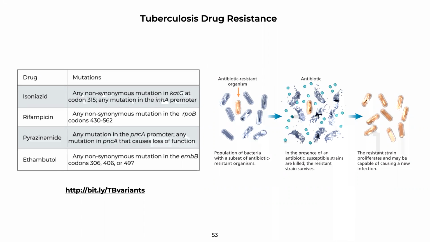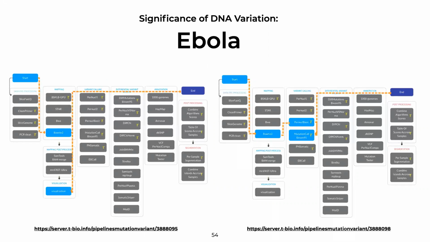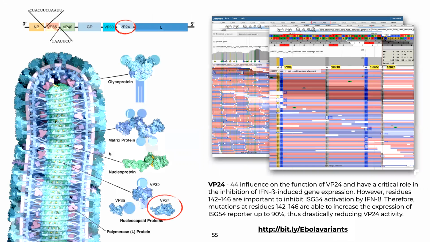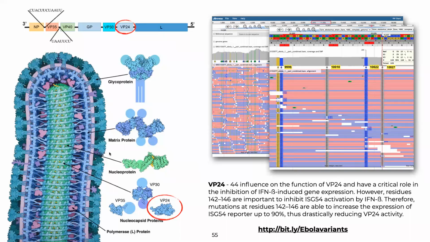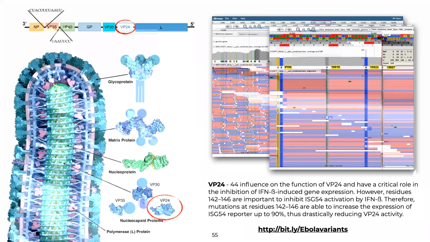Here you can also see some genes and some mutations in codons that are responsible for this accumulation, and a study of the Ebola virus. In the Ebola virus, again, we can look at accumulation of mutations, and that accumulation of mutations has led to an important vaccine that was developed based on some of the proteins that are important for the virus entry into the cell and effective replication.